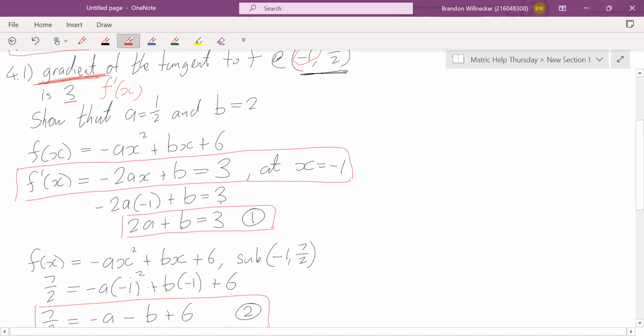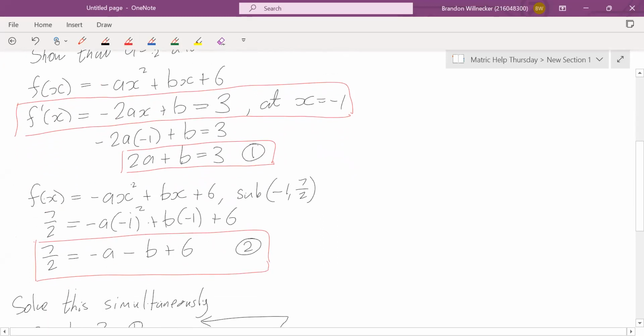But we've got 2 unknowns. We've got a and b. Those are unknowns, so we need another equation. So what we can do is take our function and substitute the tangent points.